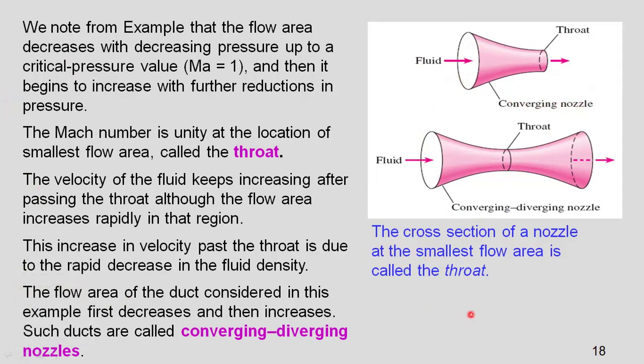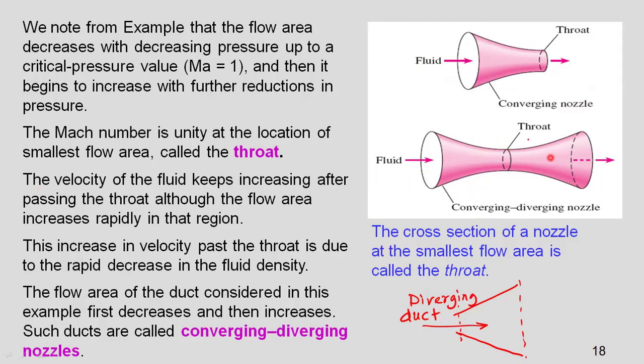And if we have the kind of geometry where initially the area decreases and then it increases, it will be called a converging diverging duct.